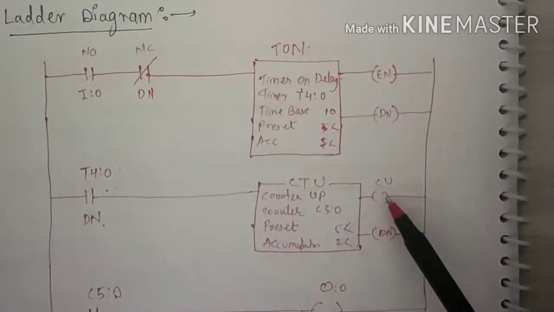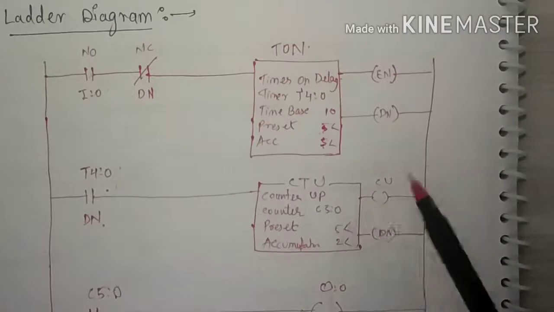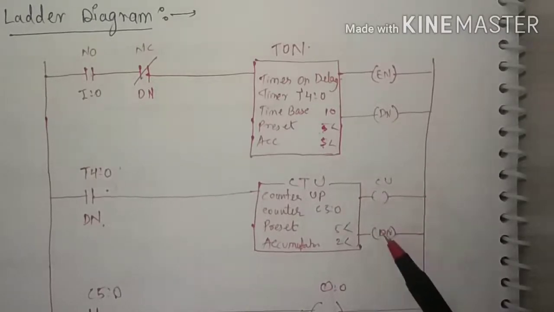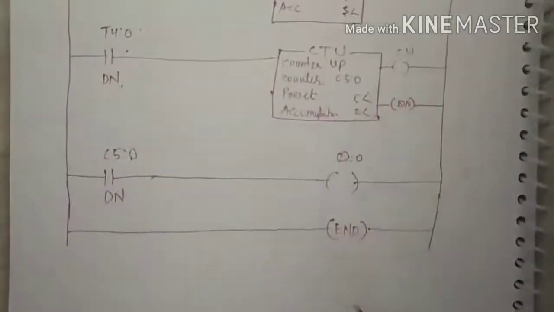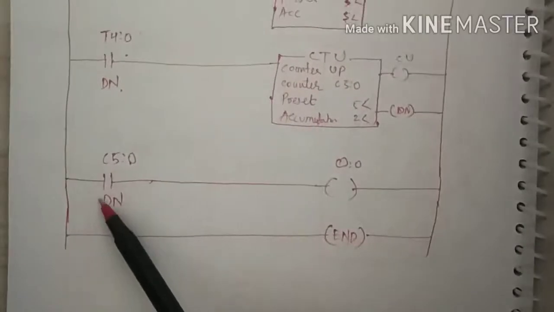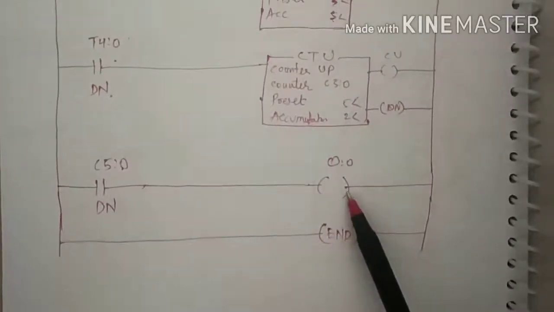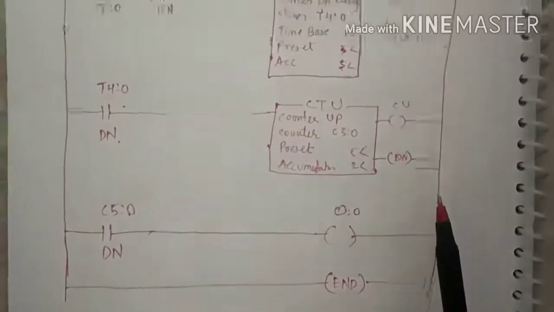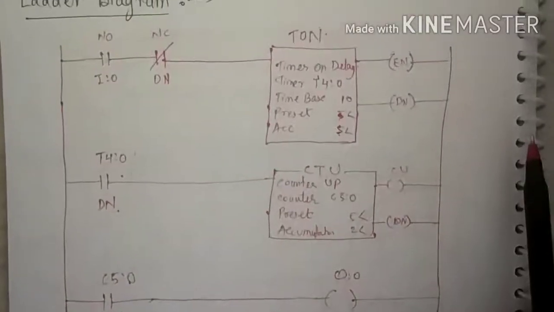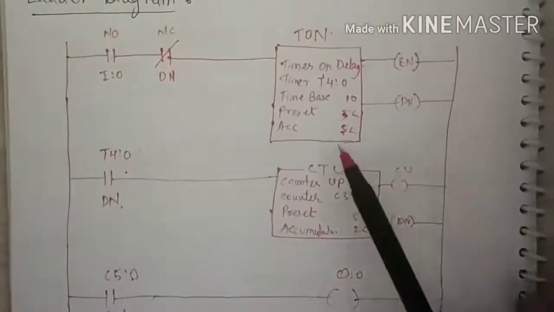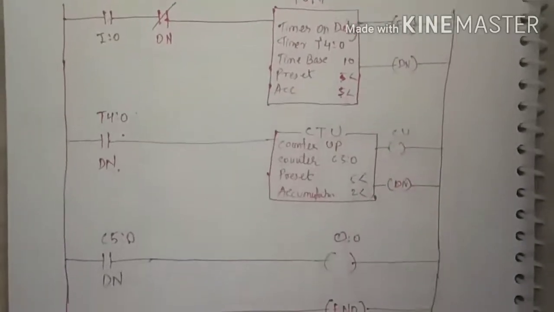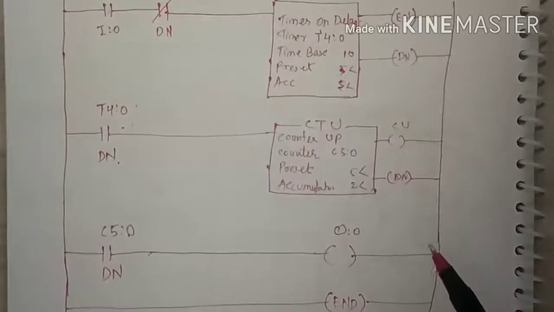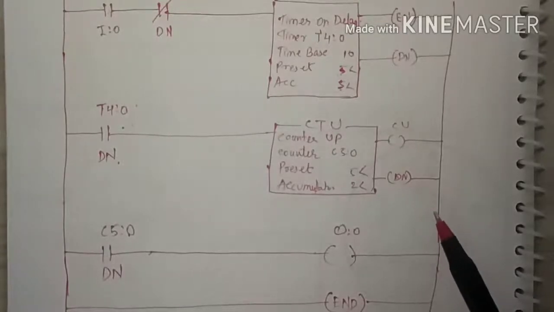When the accumulator value reaches the preset value, the done bit of the counter will be enabled, and this input will be closed. Then current starts to flow here and the output will glow. This is the end of the program. So this is the simple programming for both timer and counter for a lamp operation. I hope you understand this ladder programming.